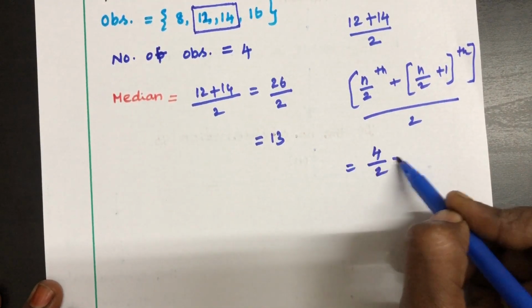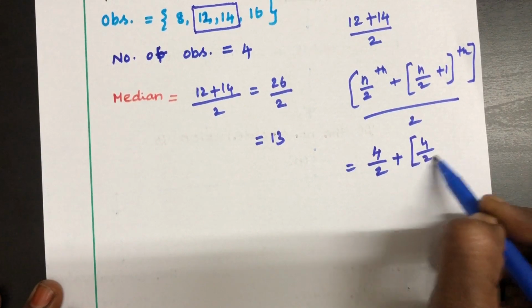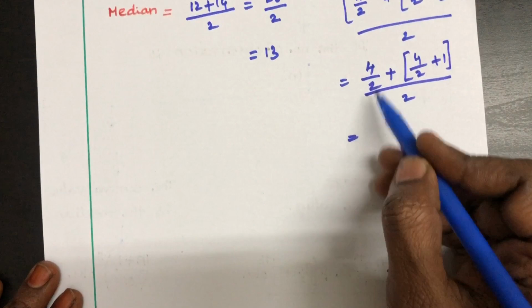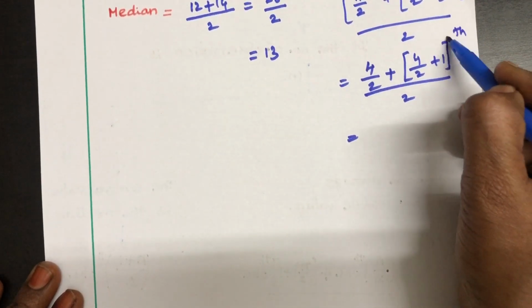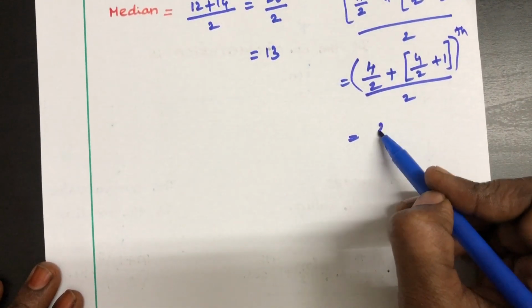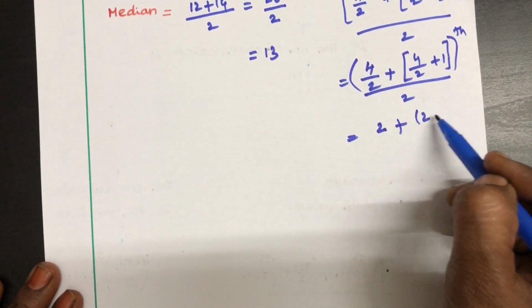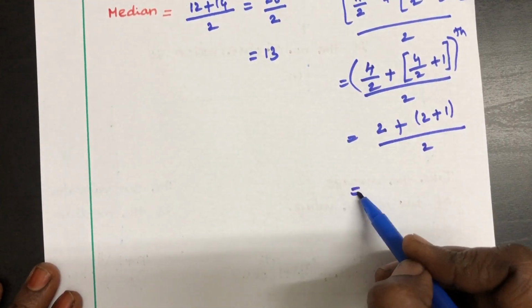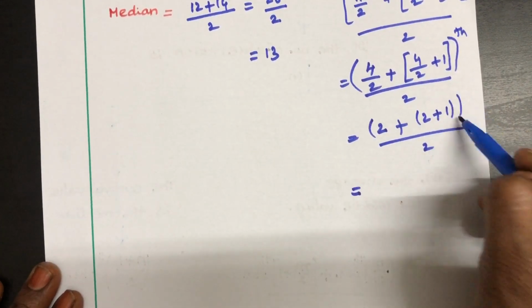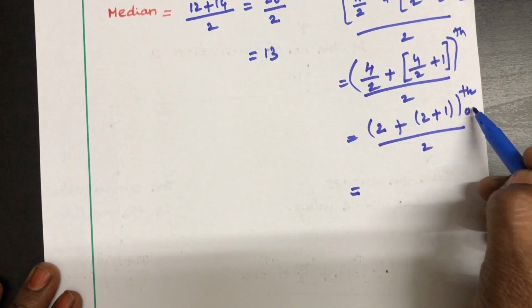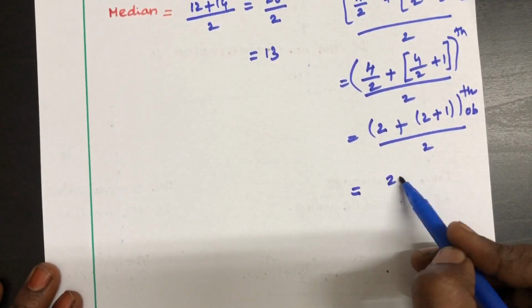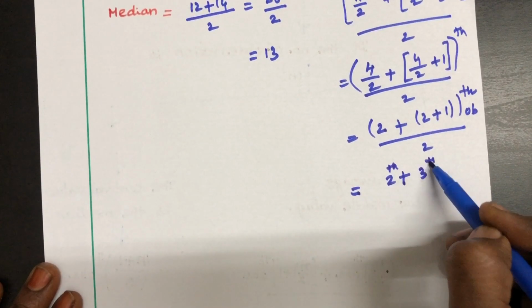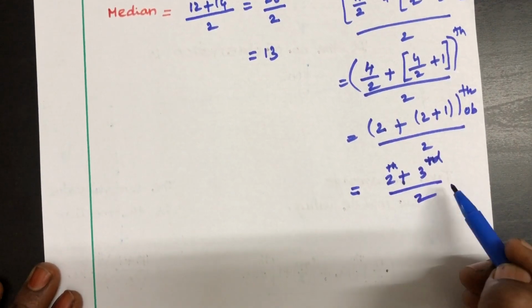Here n is 4. So 4 by 2 plus 4 by 2 plus 1, divided by 2. 4 by 2 gives us 2, and 2 plus 1 is 3. So the 2nd and 3rd observations divided by 2.